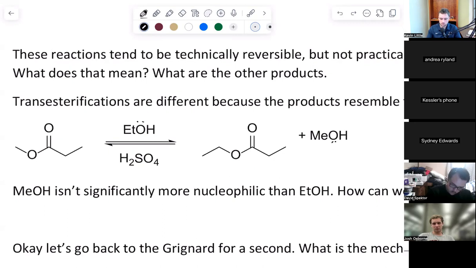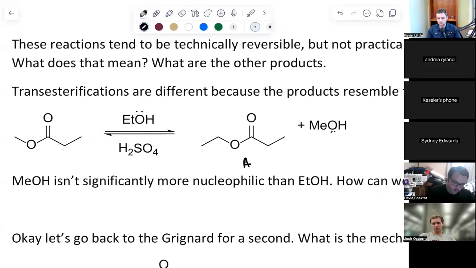So in order to do transesterification, if I wanted product A, how could I do it? How could I favor getting product A versus product B?